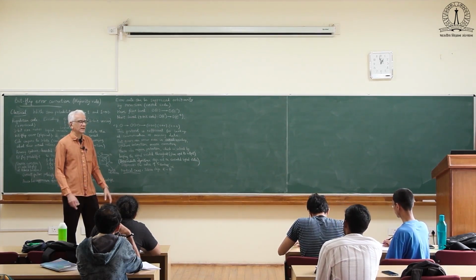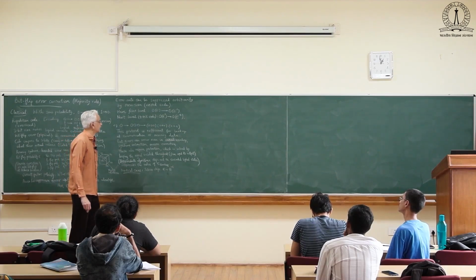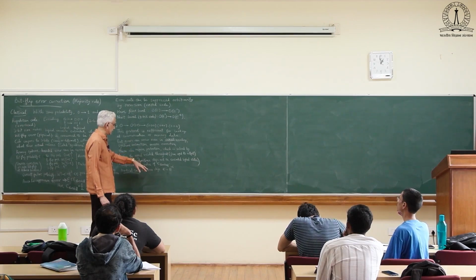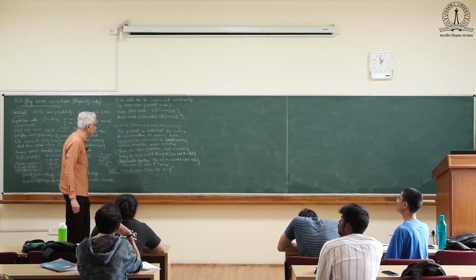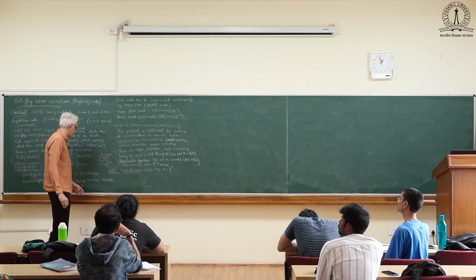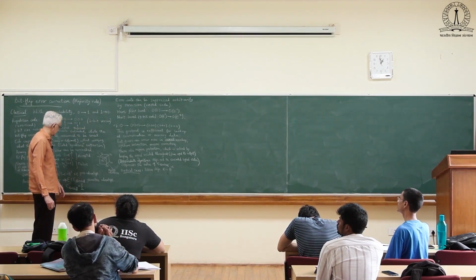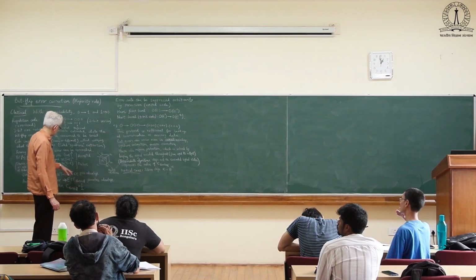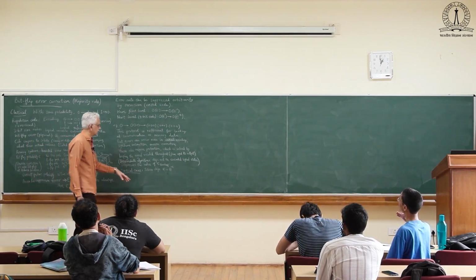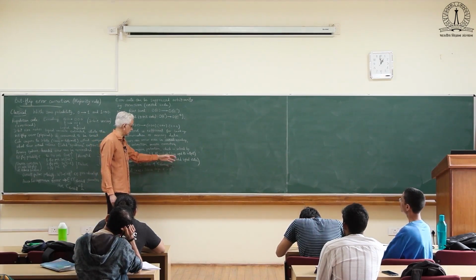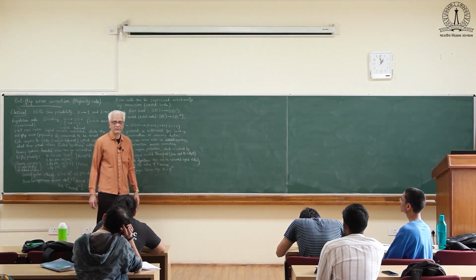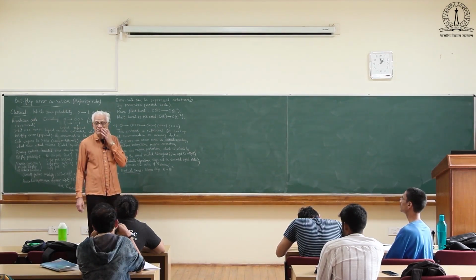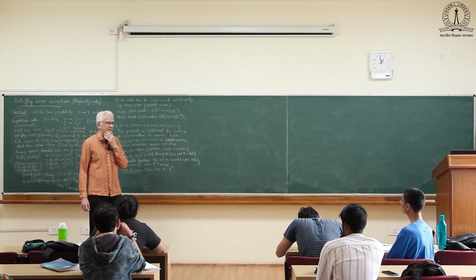If you apply this majority rule code, just one level of it, then this argument tells you that it will become of the order of the square of this, 10 raised to minus 12. Is it good enough? Well, not quite.